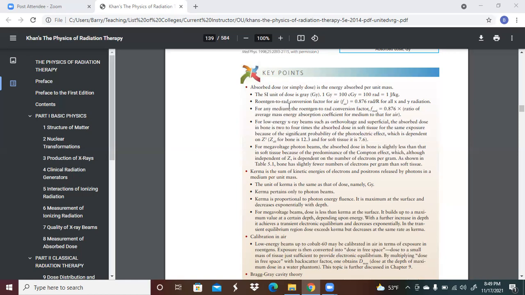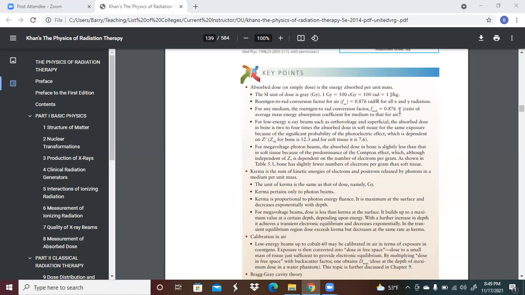For any specific medium, the roentgen to rad conversion factor is 0.876 times the ratio of the average mass energy absorption coefficient for that medium to that for air.